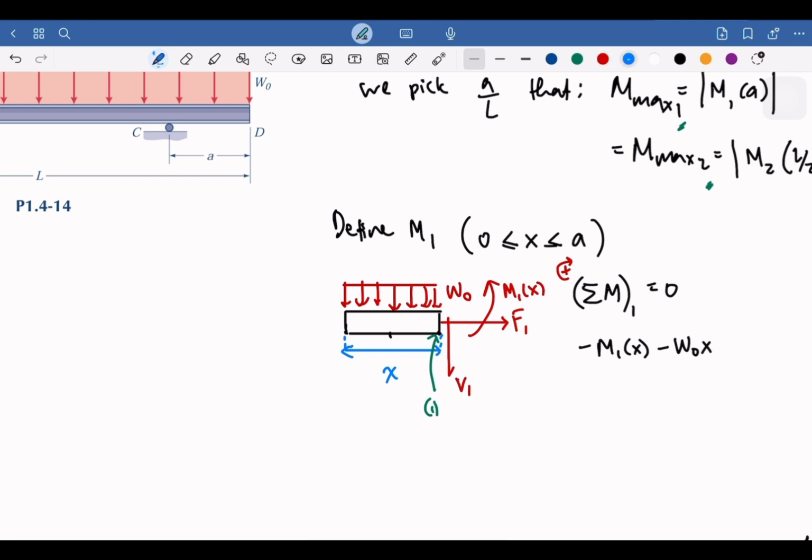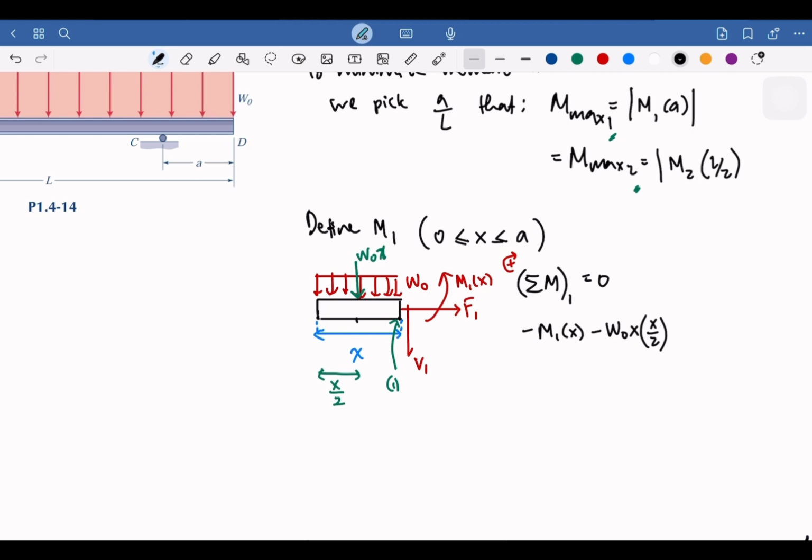So we need to multiply with x over 2. This is equal to 0, so M1 will be negative W0 x squared over 2.